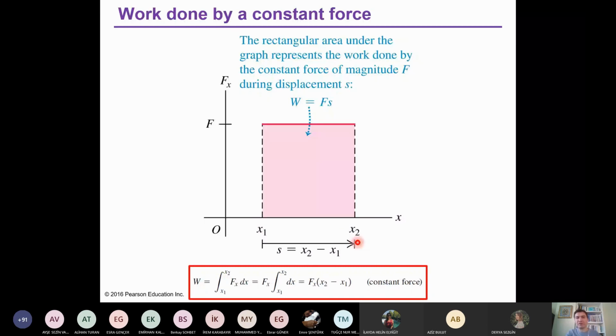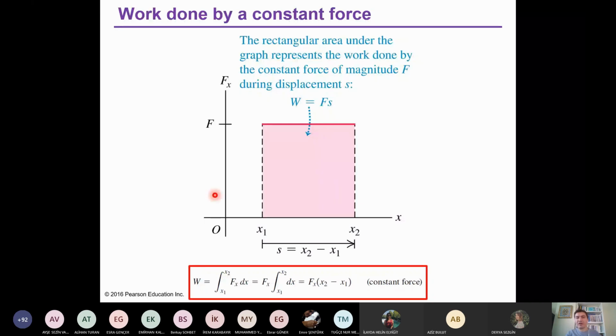For each position of the particle, the same force F is acting on the object. So the total area under this curve gives us the work done on this object, F times S. This is F, this is S. What is S? Total displacement, x2 minus x1. So the area under this curve gives us the work done on the particle.